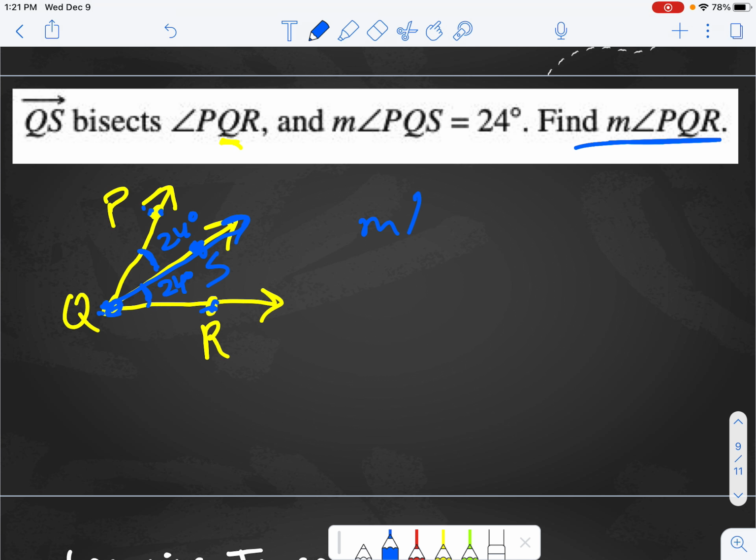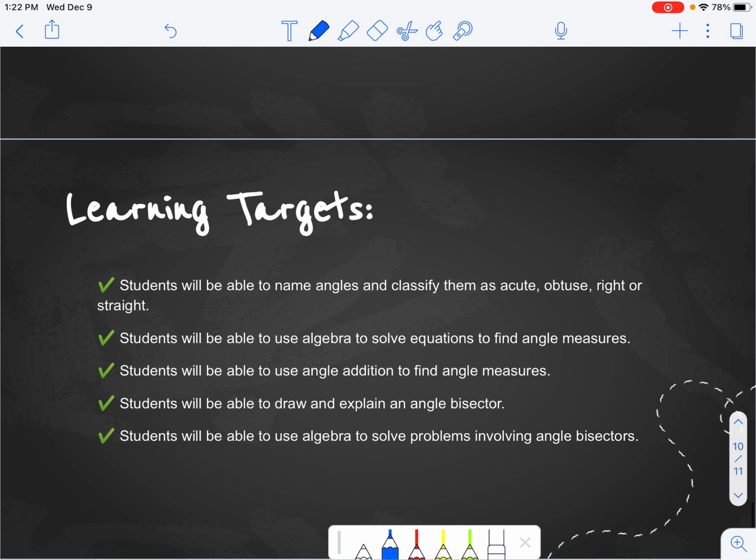So if we need to find the measure of the whole thing, the measure of PQR is 24 plus 24, so it would be 48 degrees. Now, not all of them will be quite that simple when we deal with bisecting angles, but that is a baseline, one simple example of how you will see questions framed that deal with bisecting these angles.